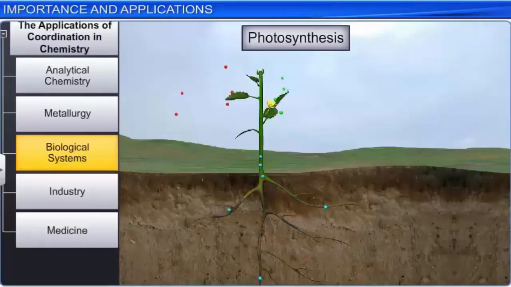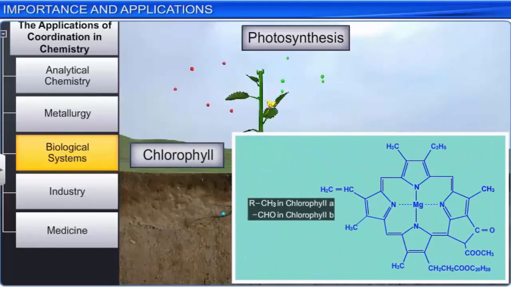For example, chlorophyll, the pigment responsible for photosynthesis, is a coordination compound of magnesium.